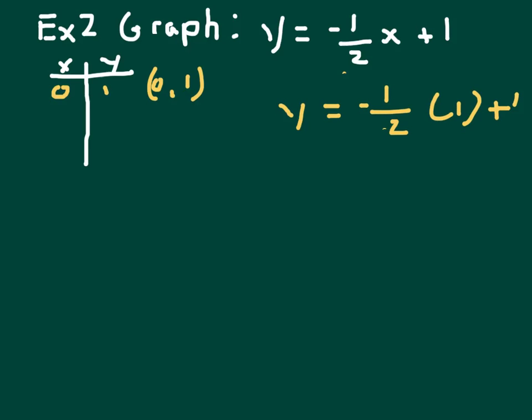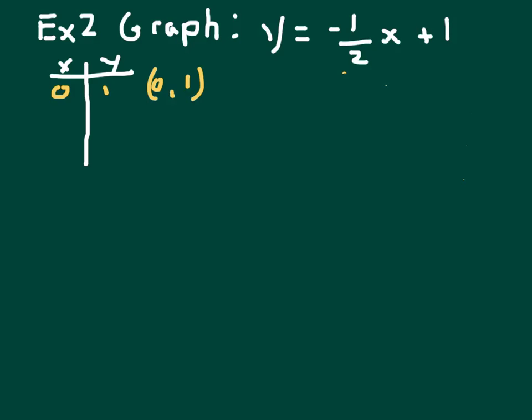Now, even though it's easy to multiply a -1/2 times 1, which is a -1/2, it gets a little more complicated to add those, to add 1 to -1/2, because you've got a fraction. So the whole idea here is I want to try to avoid getting a fraction after I multiply whatever I put in for x times a -1/2. So this is what I mean.